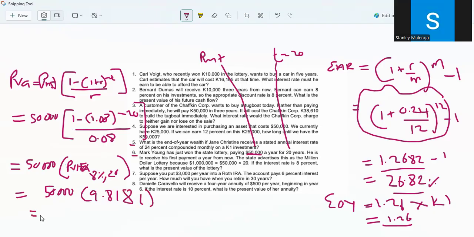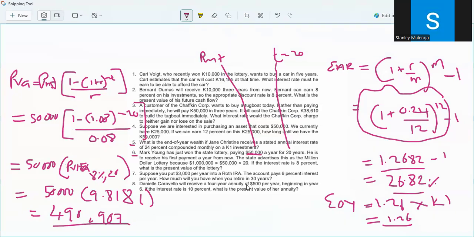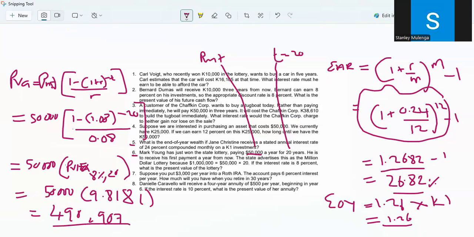Okay. So meaning our present value will be 490,907. And so this is our present value. Okay.